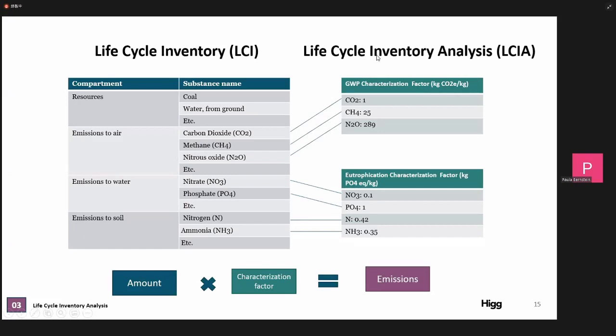Now, the lifecycle impact assessment phase involves interpreting the data in terms of environmental impact. So each one of these substances has what's called a characterization factor so that they can be measured in the same terms. So global warming potential is measured in kilograms of carbon dioxide equivalents.